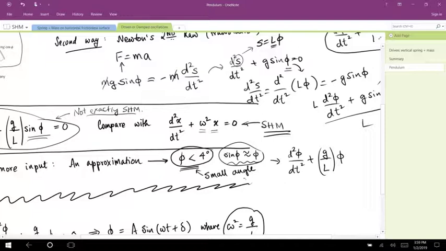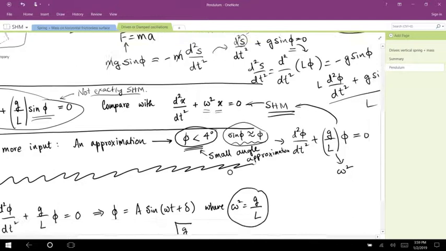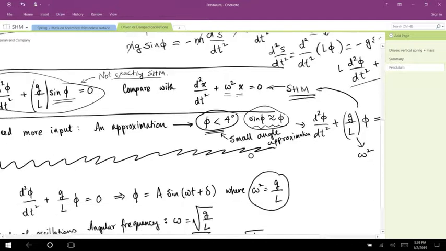If I make that small angle approximation, then the new equation looks like d2phi/dt2 + g/L phi = 0. And g/L being a constant looks like omega squared. Note that we have come back to our equation for an SHM. So for small angle oscillations, a pendulum really looks like an SHM.